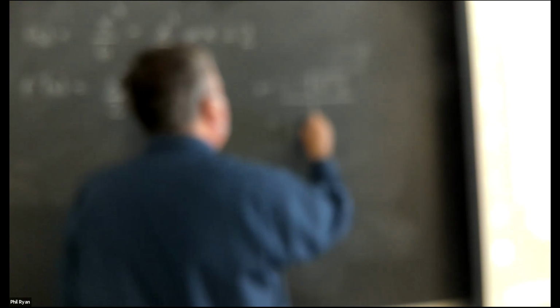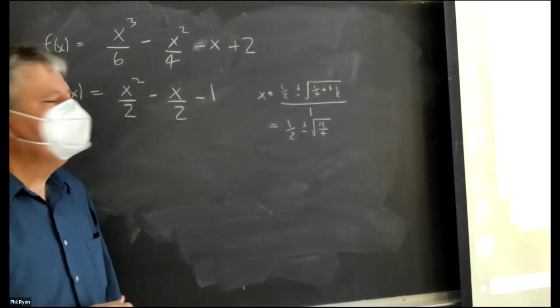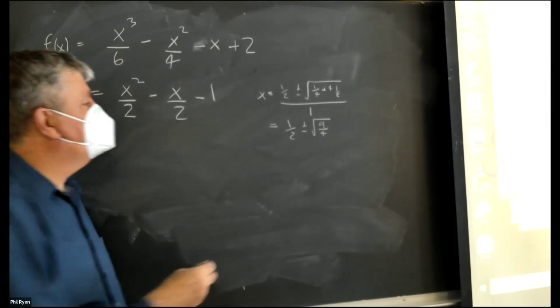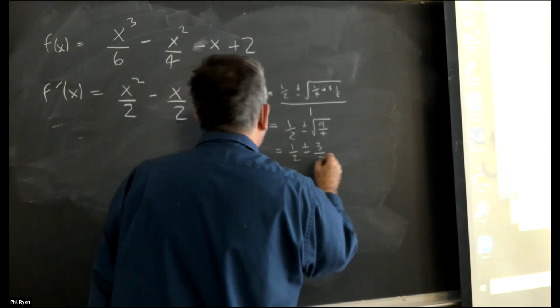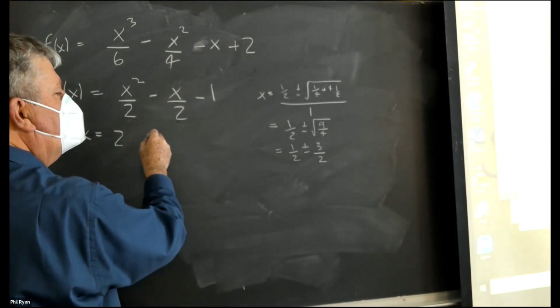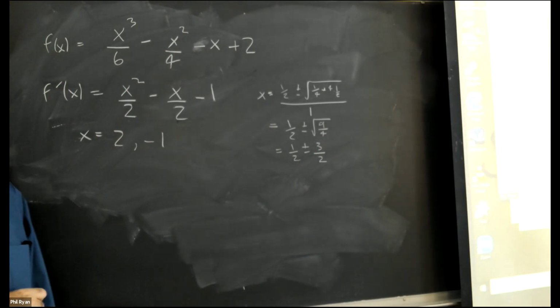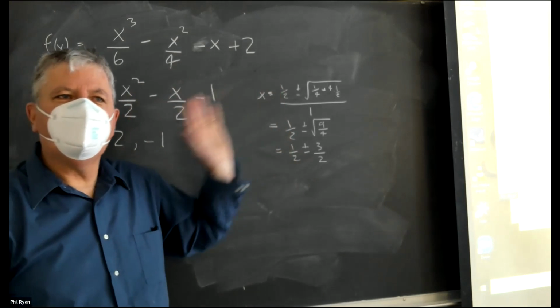Half plus or minus, this is 2 1/4, square root of 9 over 4. What's the square root of 9 over 4? 3 over 2. 1/2 plus or minus 3 over 2. So x equals 2 or minus 1 are the critical points. Okay, so this one's a little bit harder. You have to use a quadratic equation.